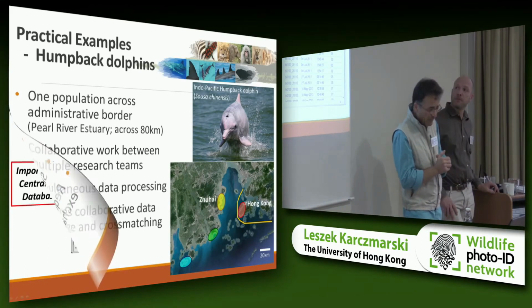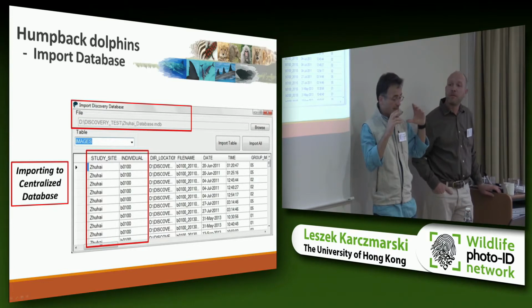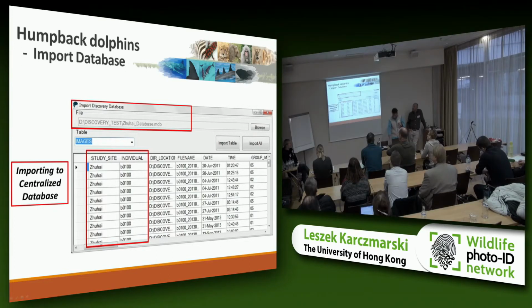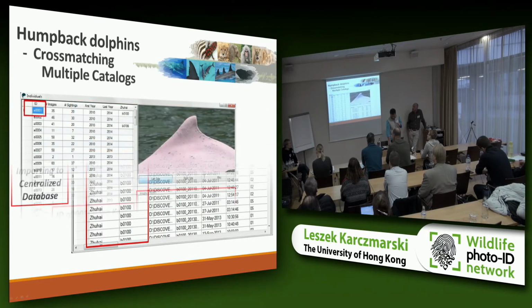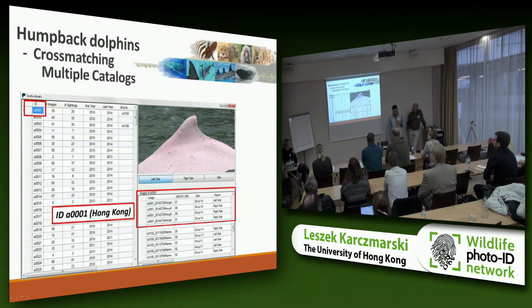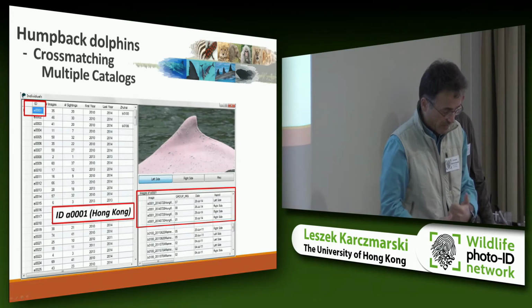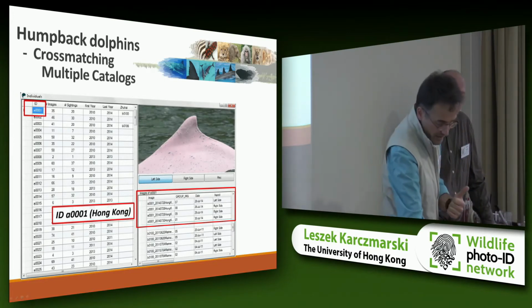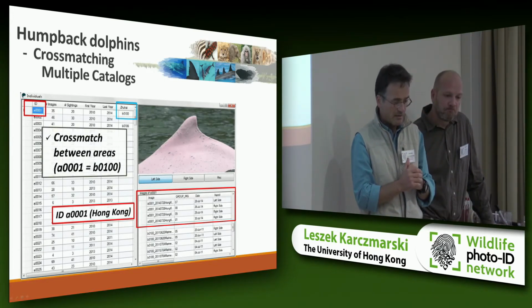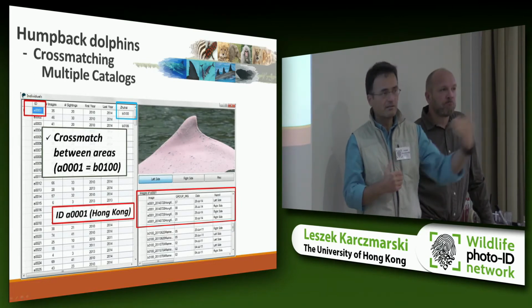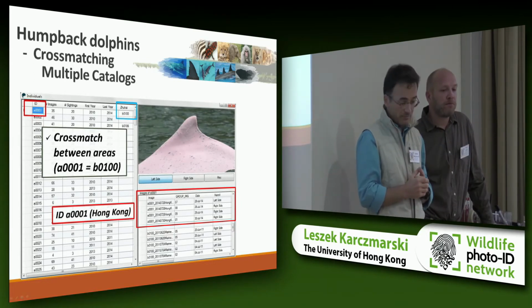In our case, we import everything to one centralized database, where we do cross-matching between the individual databases from individual teams. So we may have an individual 001 in Hong Kong, which is actually the same individual as 0100 in another study site in Zhuhai, just across the administrative border.